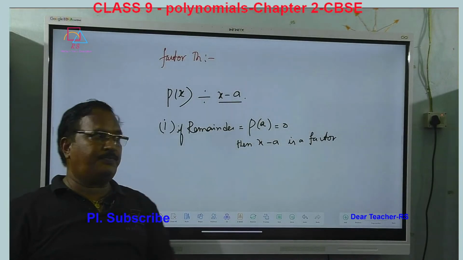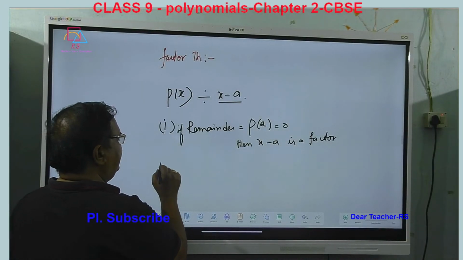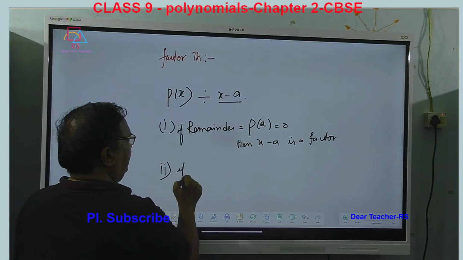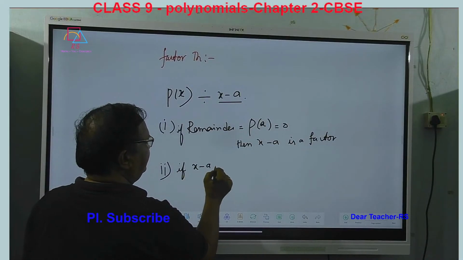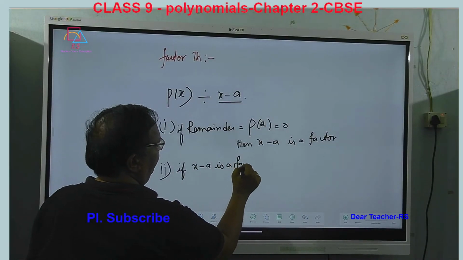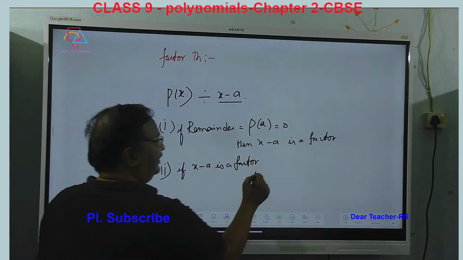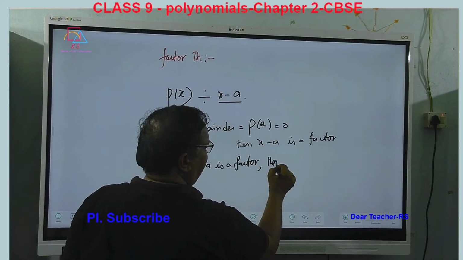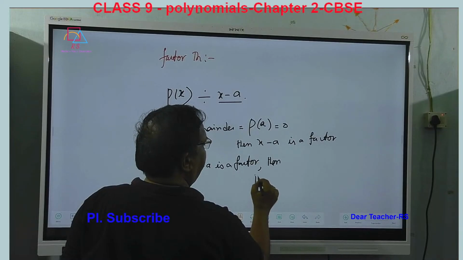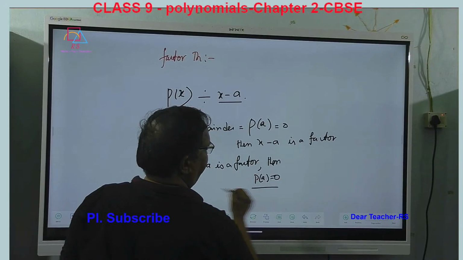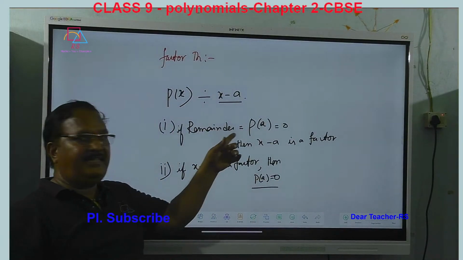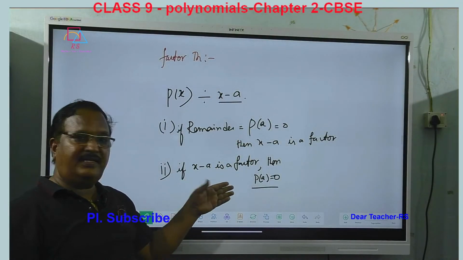That is the first part. You can understand it this way also. If x minus a is a factor, then the remainder P(a) is equal to 0. You can understand it the first way or the second way.